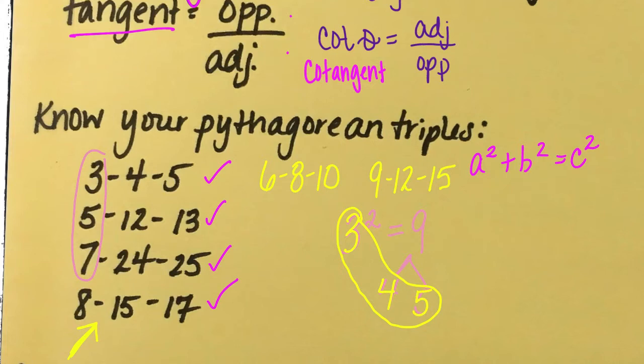It's just a fun trick to know. Let's look at 7. 7 squared is 49. Split 49 the best you can, 24, 25. And it also lets you remember, oh yeah, 9 squared is 81, so I know a 9, 40, 41. Now this isn't one that I see all the time, but it might come up.